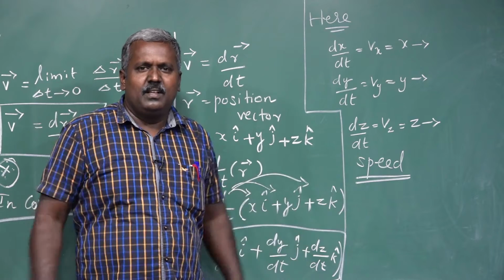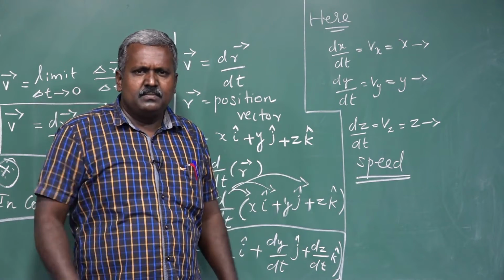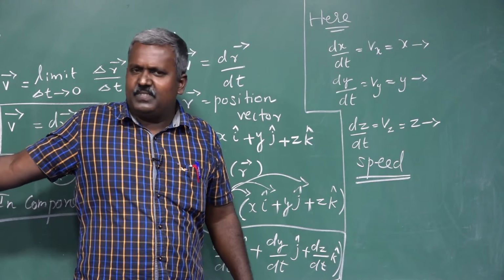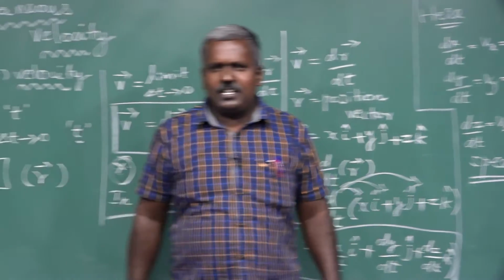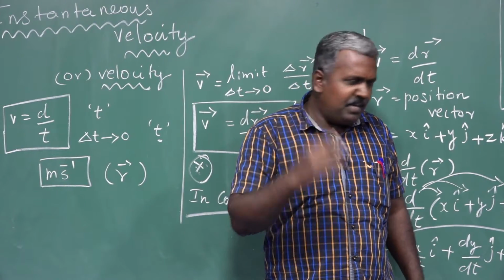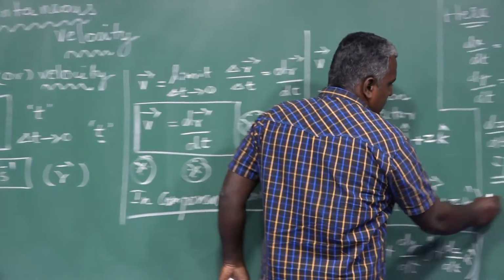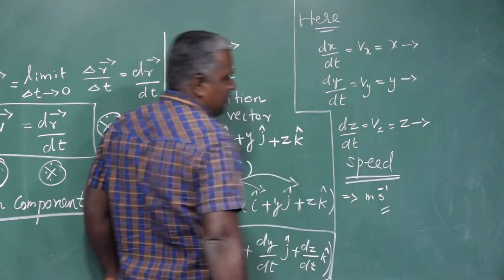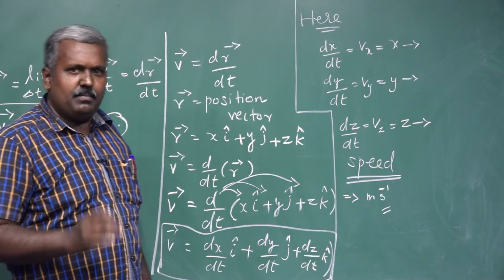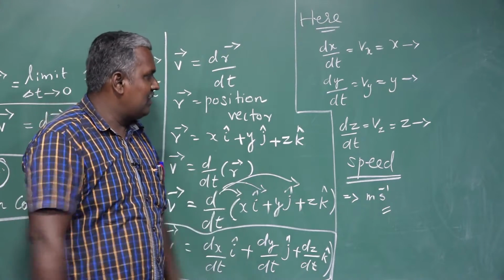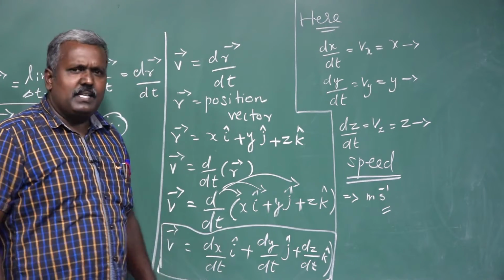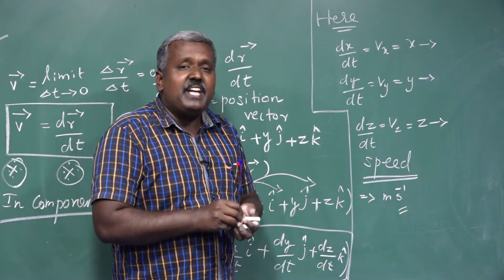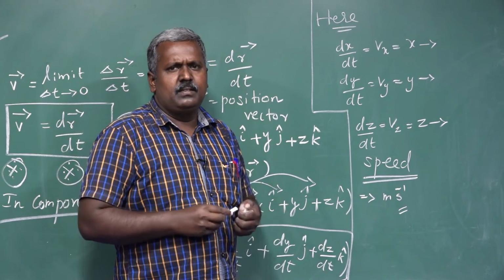But the unit is the same for both. For displacement, meter. For time, second. So meter per second. For distance, also meter, so the unit for speed is also meter per second. But the basic formula is distance by time. Here, speed is defined as the magnitude of velocity.